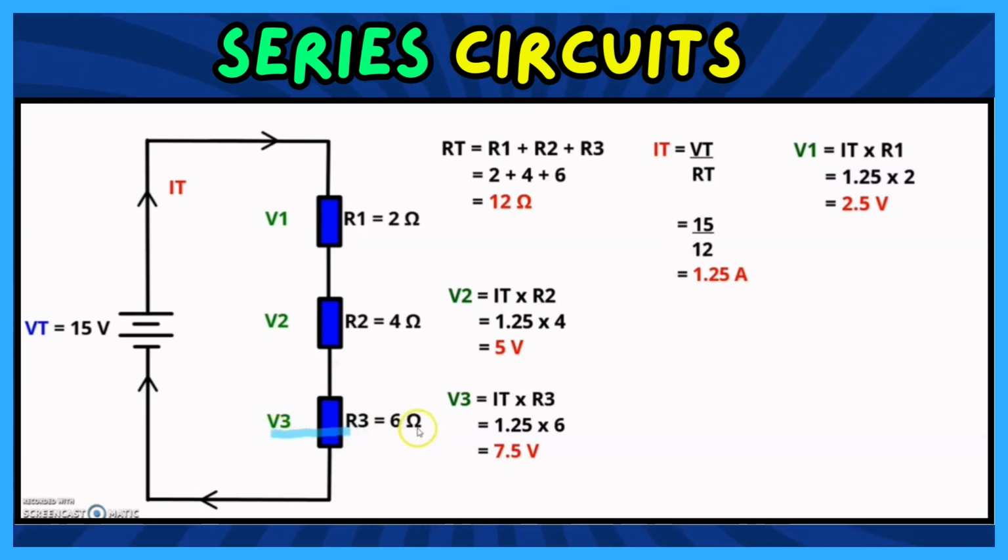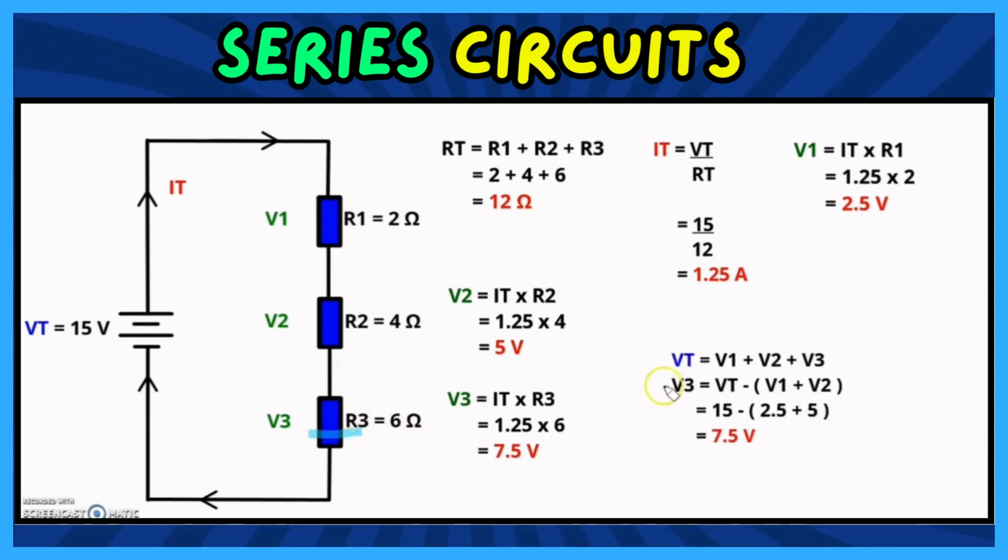So I'm going to use Kirchhoff's voltage law to calculate the voltage V3 over my resistor R3. That will be V total equals V1 plus V2 plus V3.